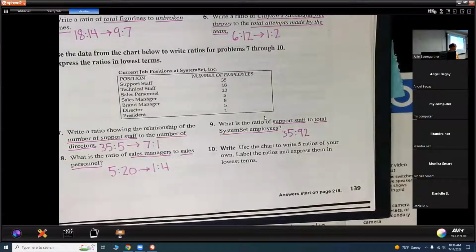I don't think so. It comes out to some really big decimal, right? So we can't reduce it down. But we can see that support staff almost makes up half the staff, probably the biggest portion of the staff. Good, so you guys are catching on nicely.